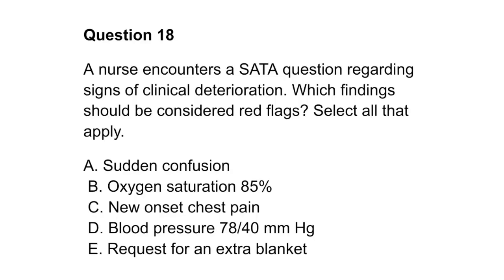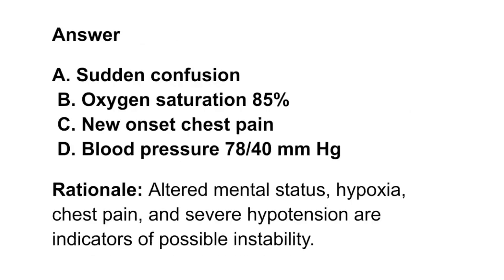E. Request for an extra blanket. Answer: A. Sudden confusion. B. Oxygen saturation 85%. C. New onset chest pain. D. Blood pressure 78/40 millimeters of mercury. Rationale: altered mental status, hypoxia, chest pain, and severe hypotension are indicators of possible instability.